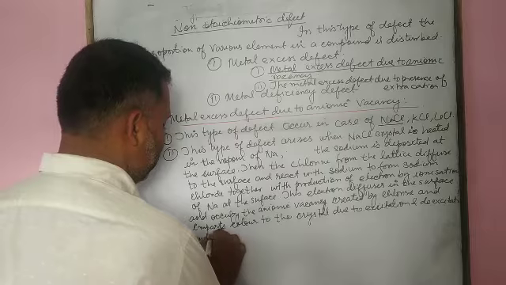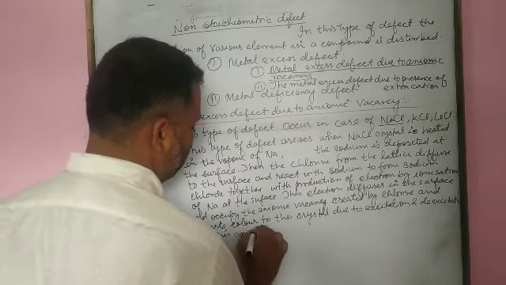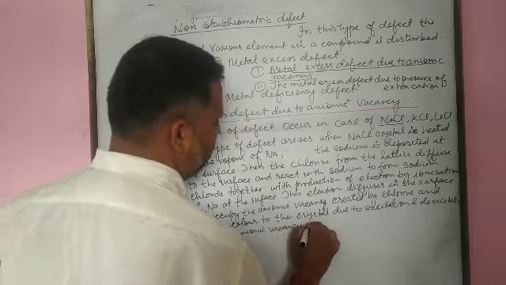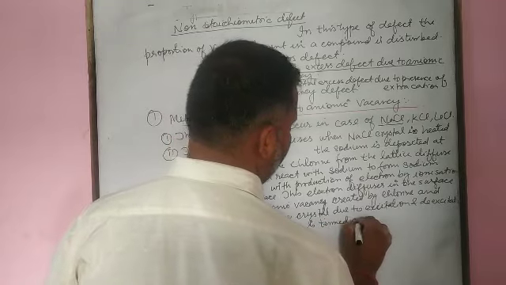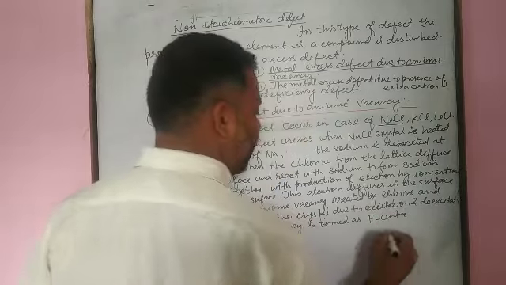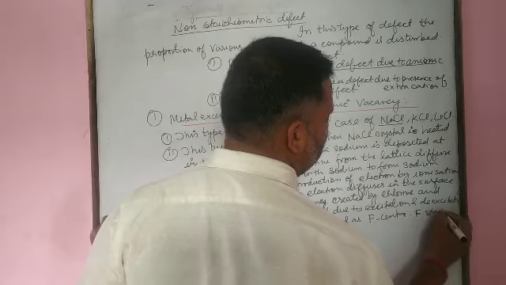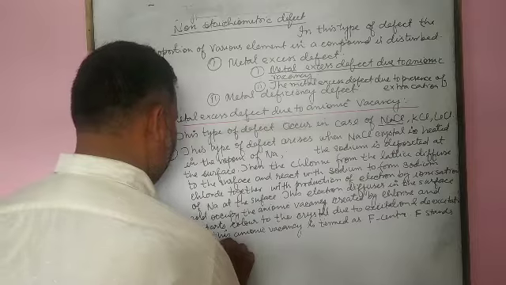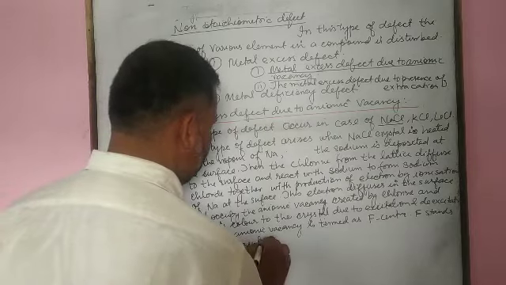And this anionic vacancy is termed as F center. F stands for Farbe center.